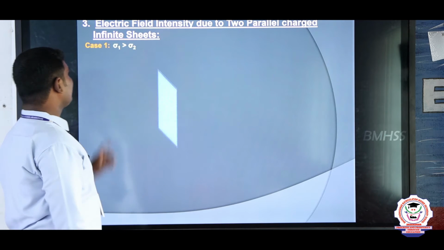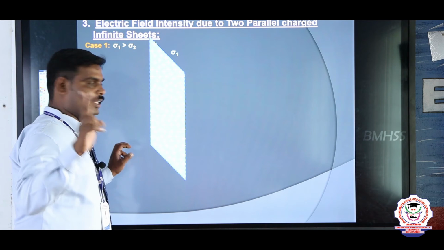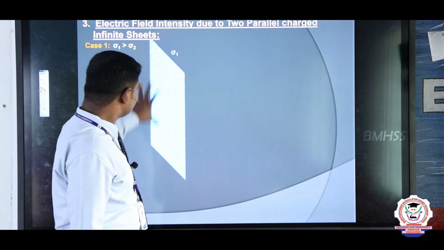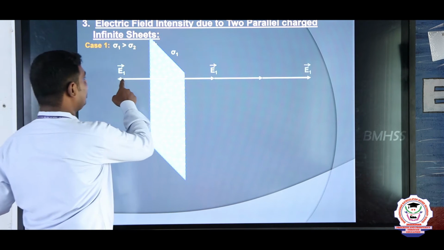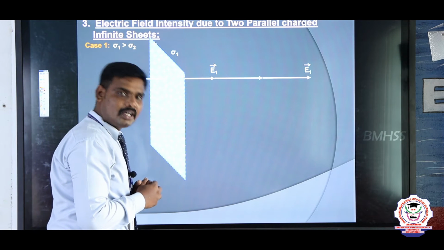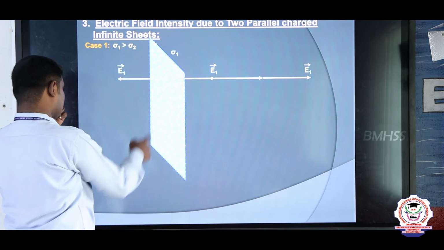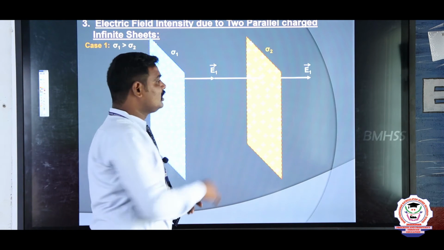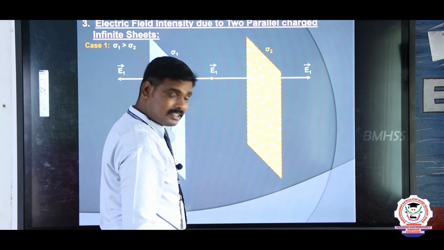The first case: if sigma 1 is greater than sigma 2, we take two charged plane sheets. The first sheet has more surface charge density compared to the second one. Due to this positive charge, the electric field acts outwards. We take another positive charge sheet, where the charge density is less compared to the first plate.